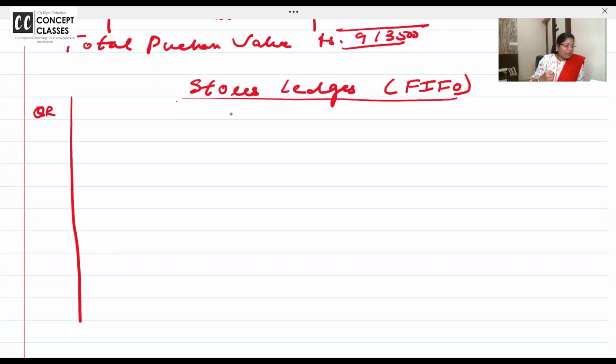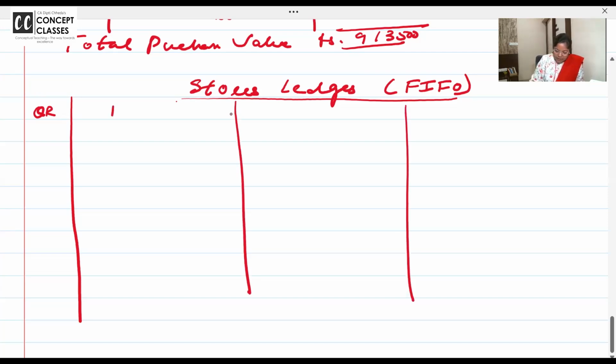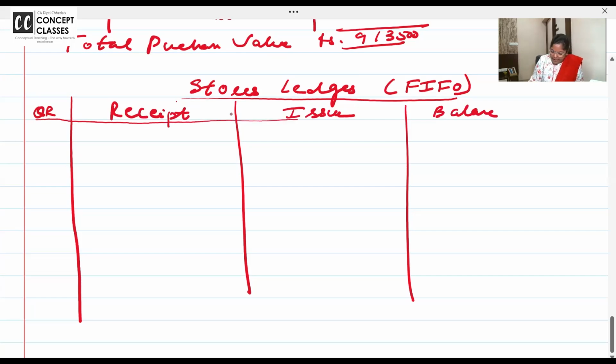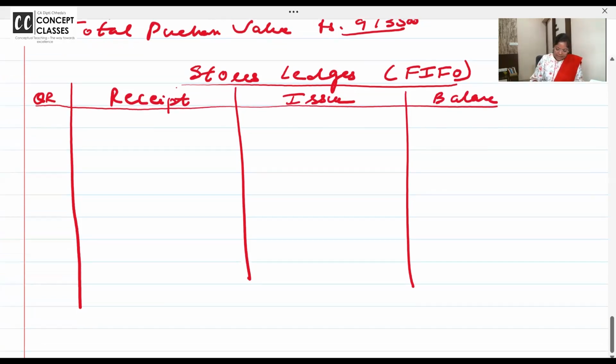Opening also they have prepared, but nahi bhi kiye to chalega. You can do 3 columns. Receipt, issue and balance. And in every one again a triple column inside.